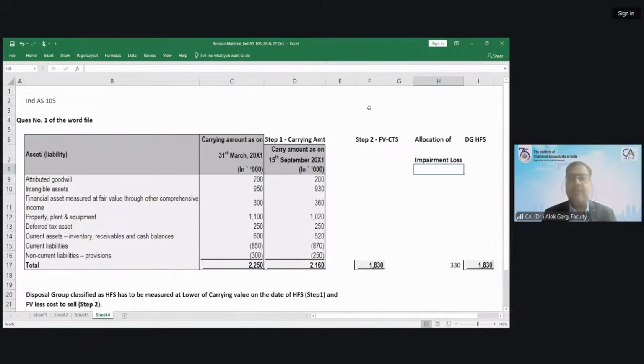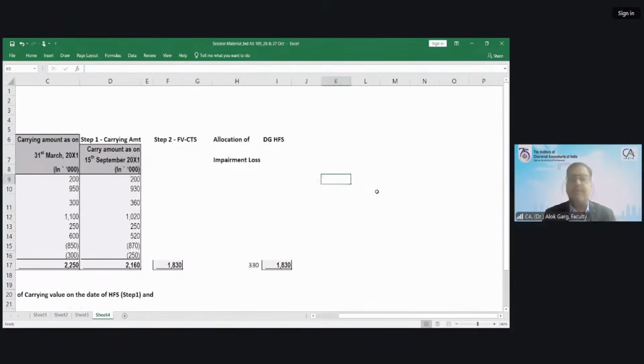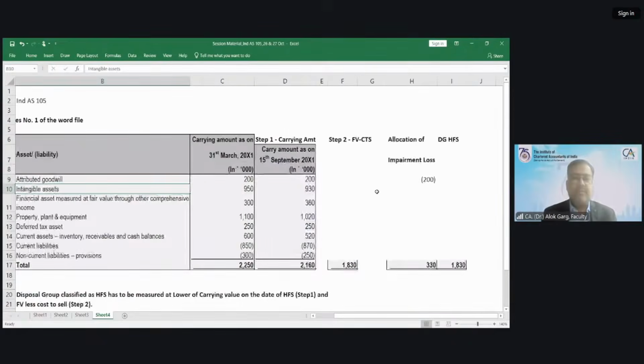Yes, you're absolutely right. First, we will strike off the goodwill. Total impairment loss is 330. Minus 200, we finish off the goodwill. Now, how much is left? 130 is left.